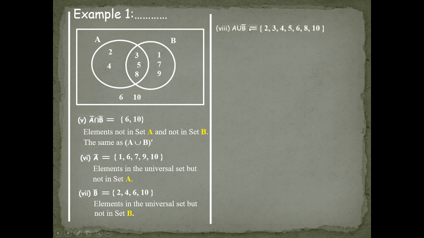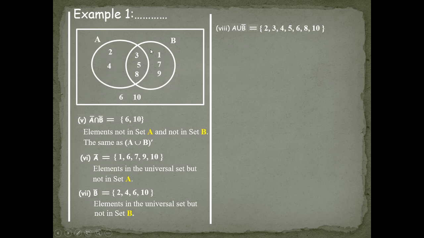A union B complement, elements that are either in set A or outside set B. So elements that are in either set A, so I'll come and take set A, the elements are here, 2, 3, 4, 5, 8.